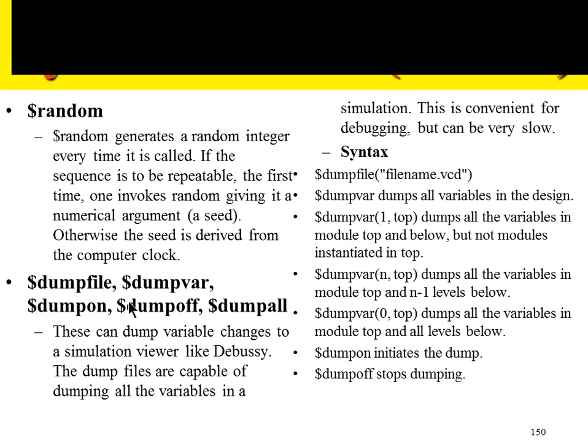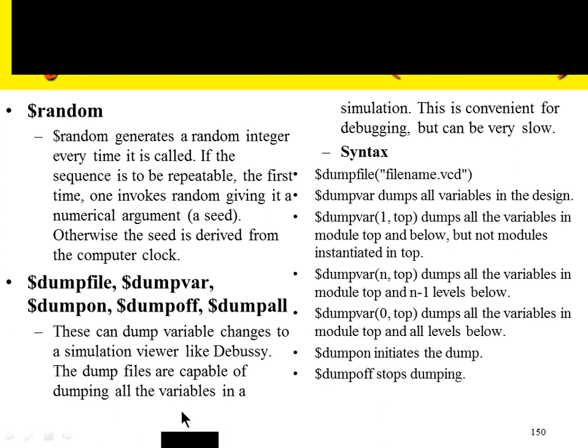Many years ago, 10, 15 years ago, they were all different software. So you had to compile the Verilog code using one software and simulate it using a different software. Then you had to generate the timing diagrams and view them using different software.